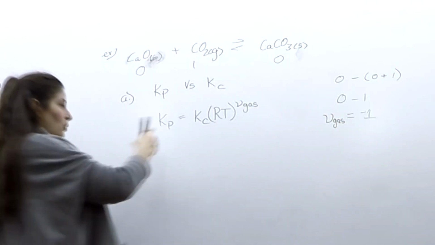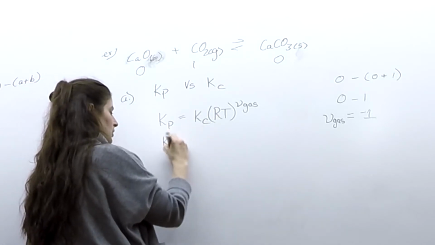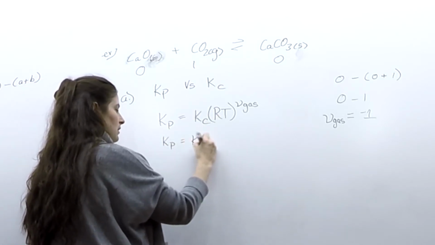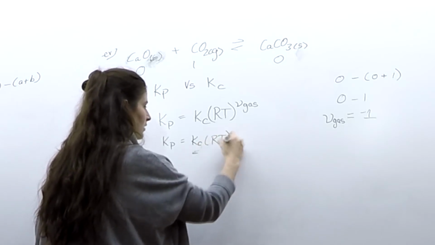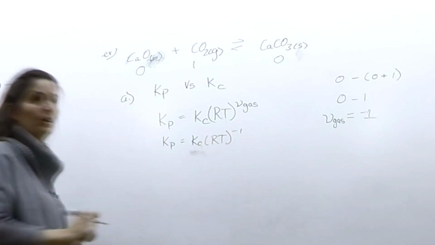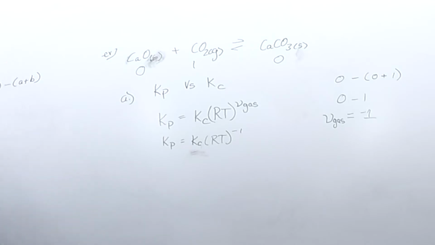So if we want to know the comparison between the two, it's Kp equals Kc times RT to the minus 1. So that's how we determine the V gas. Use the coefficients, make sure that they're gases, and then you subtract the products from the reactants after you add those together. The sum of the products minus the sum of the reactants.